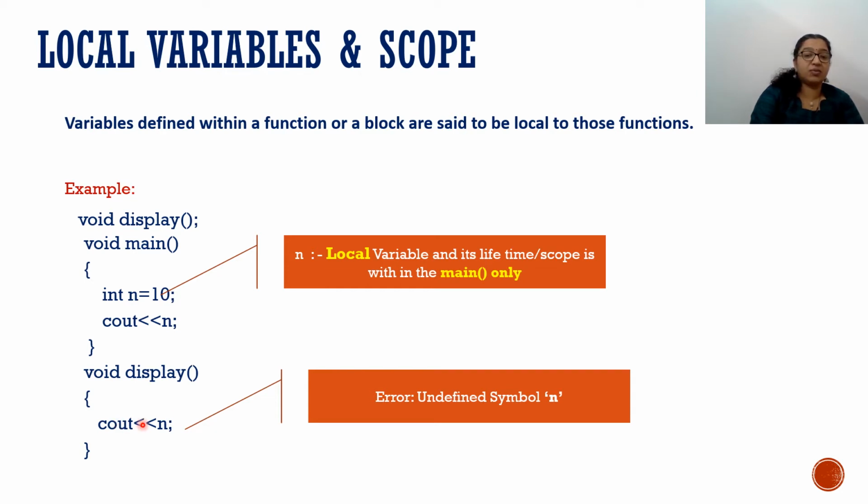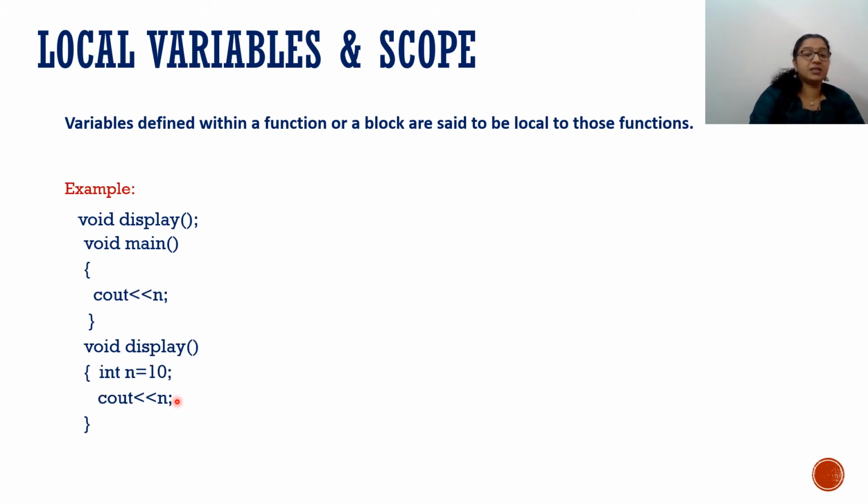Understood now? I'll show you one more example. See, void display, void main, brace open, cout n. There is no variable declaration here, only cout n. But inside this void display, see, int n is equal to 10. We declared a variable and cout n, so we can bring the value of n also.